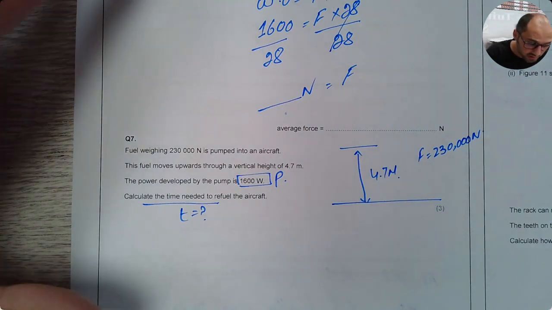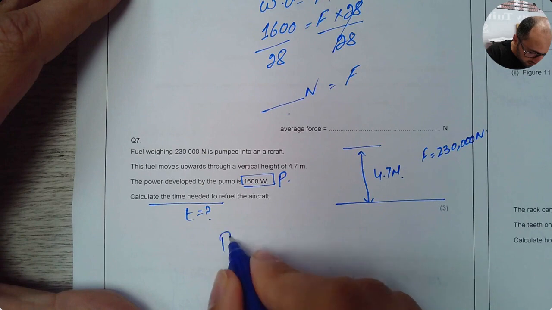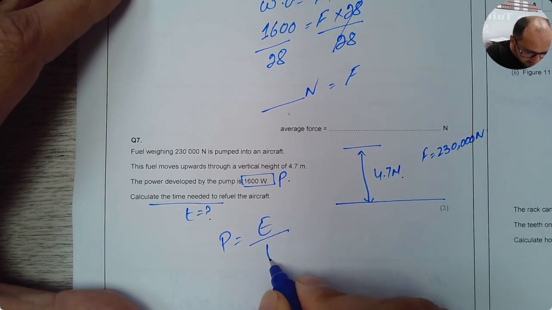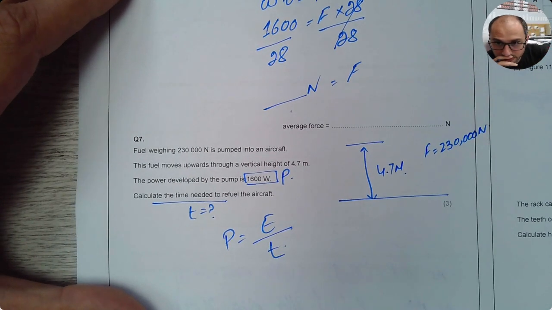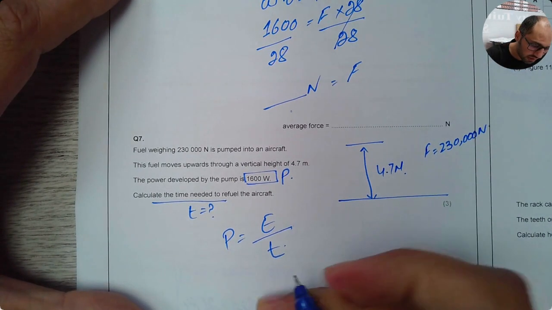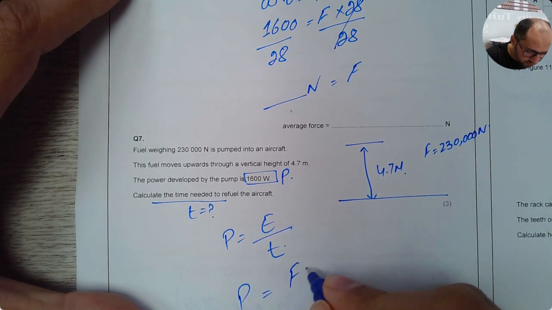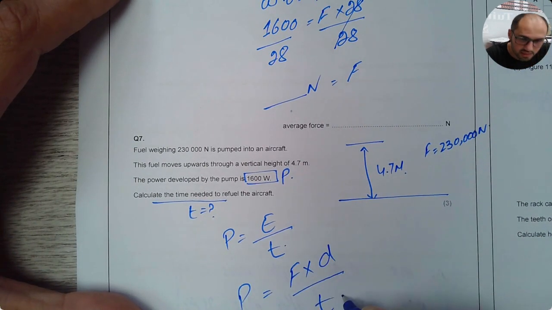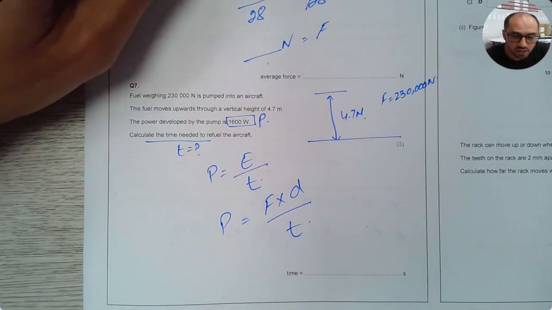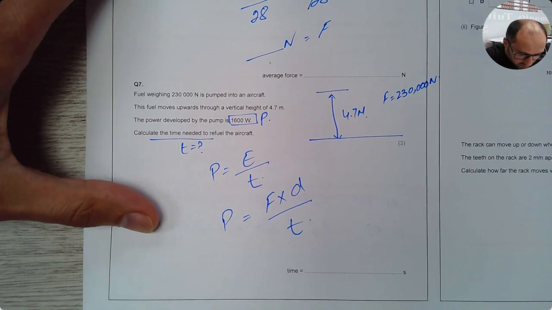In this case, our equation will be power equals energy divided by time. How much work has been done? We can calculate force times distance. So I can then say power equals F times D divided by T. Once I've done this, I can just plug the values in and solve, and it will get me to the answer.